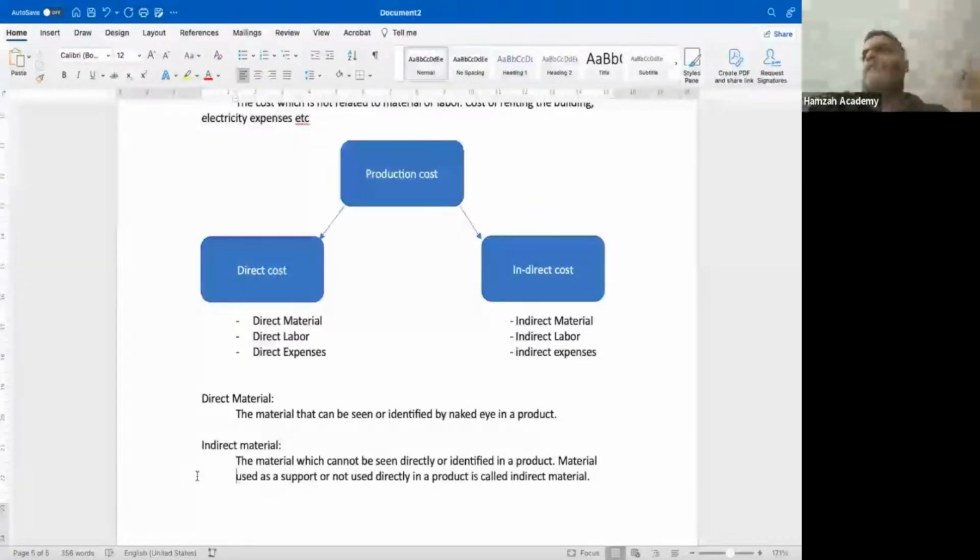For example, I have used the cloth in the chair. That cloth's cost can be attributed and calculated on a per chair basis as well. For example, I used around 1 meter of cloth. So whatever the meter rate is, that is straight away going to be allocated to the chair's cost, right?